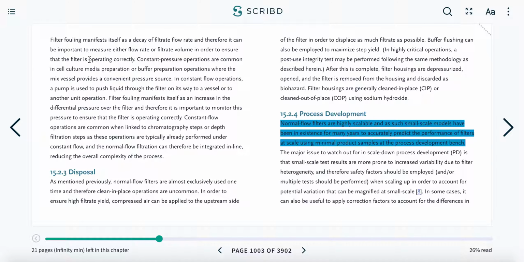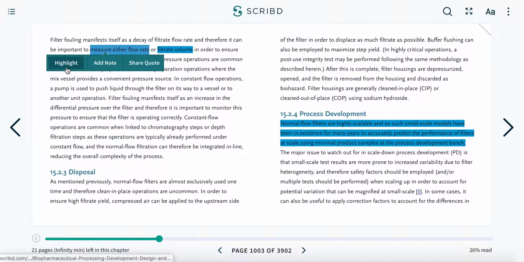Filter fouling manifests itself as a decay of filtrate flow rate, and therefore it can be important to measure either flow rate or filtrate volume in order to ensure that the filter is operating correctly. So you gotta measure either the flow rate or filtrate volume.